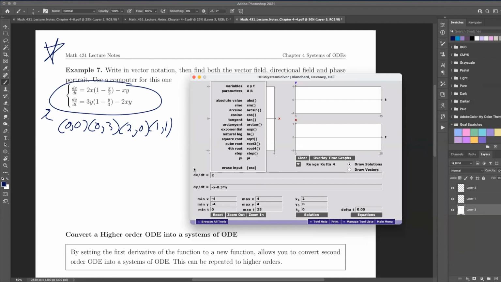So we have 2x, oh, remember this one you have to type in. 2x times (1 minus x divided by 2).